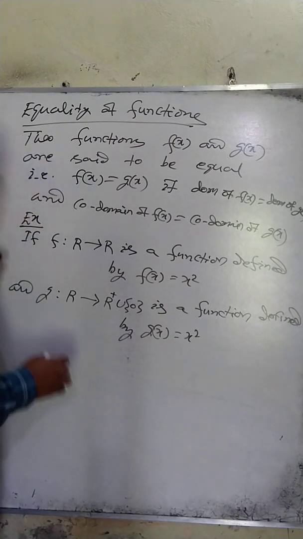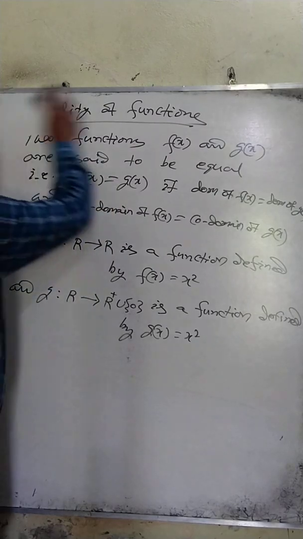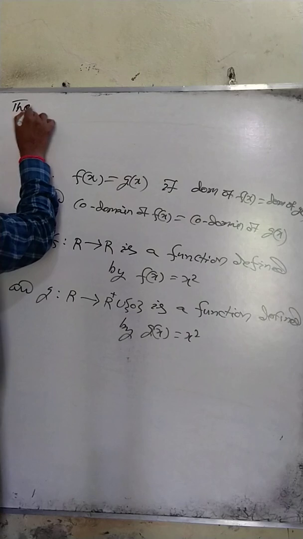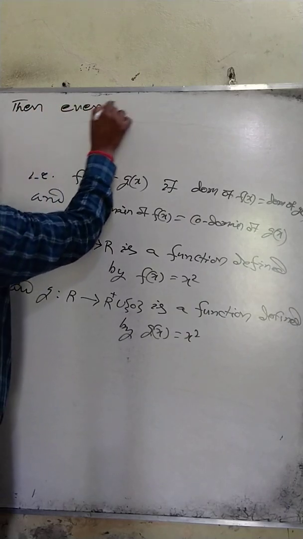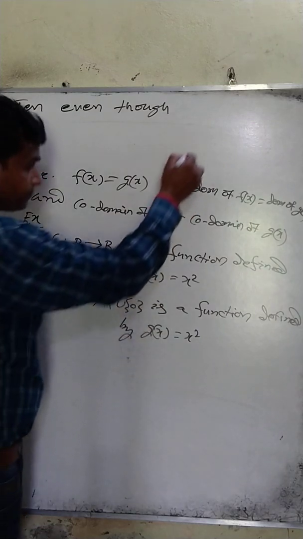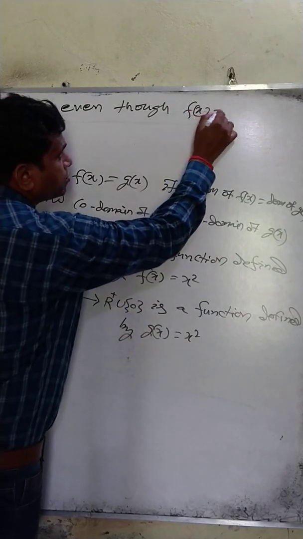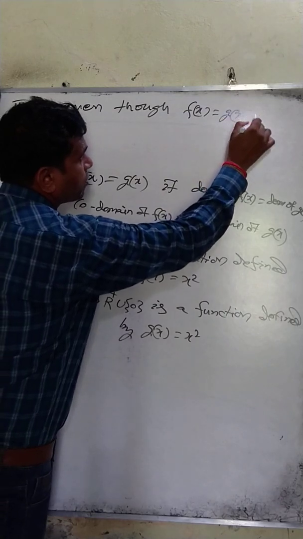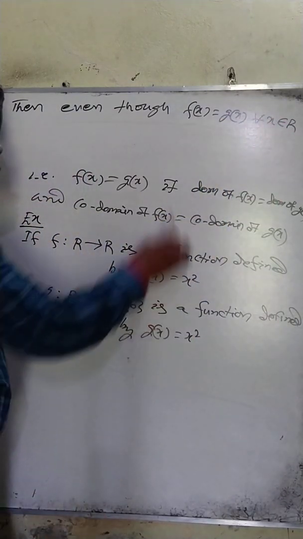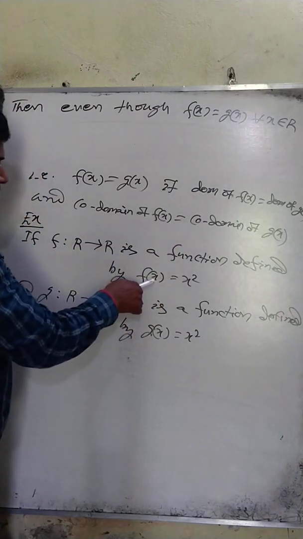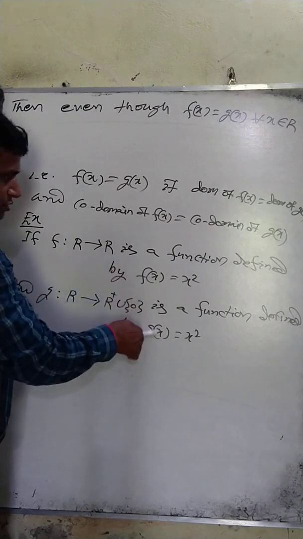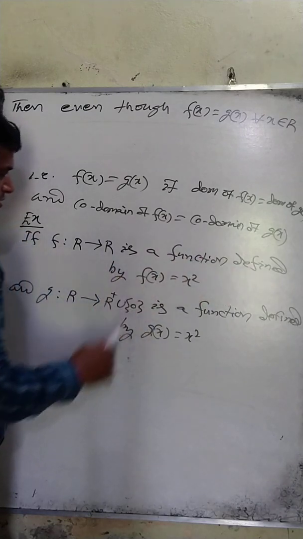Even though f of x is equal to g of x for all x belongs to R, that means if we put any real number in place of x in the functions f and g, we get the same number.